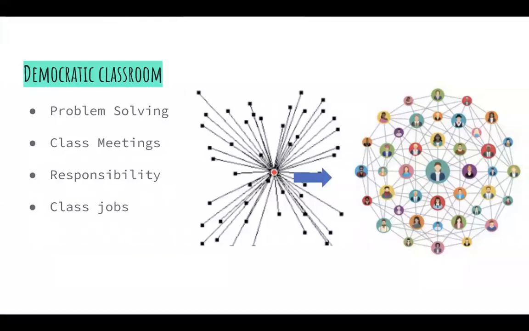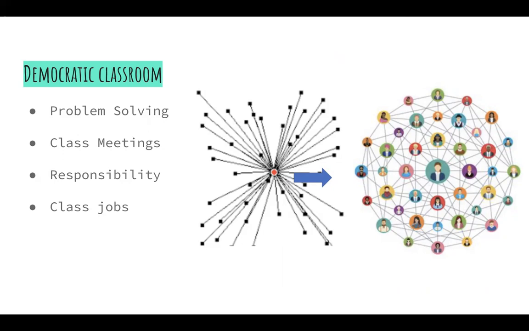A little bit about how we run our classroom. It's called the democratic classroom. If you look at the visual in the middle, imagine the red dot as being us, the teachers, and the black dots being the students, and everything's coming out from the center. What we really want our classroom to be like is more of the web, where we are teachers and we are leading the class, but we're also leading the class alongside our students, and students are working together, helping one another, and growing as leaders.